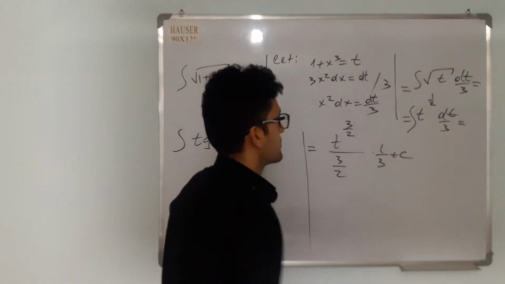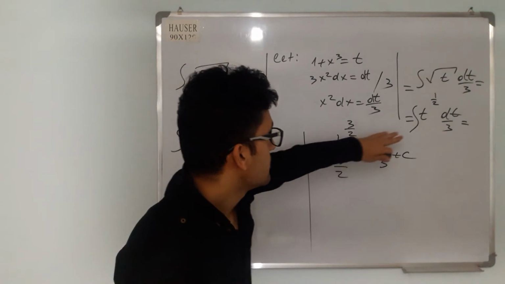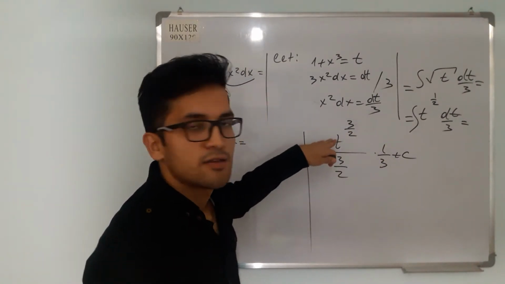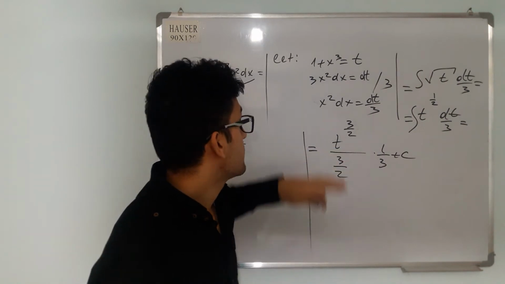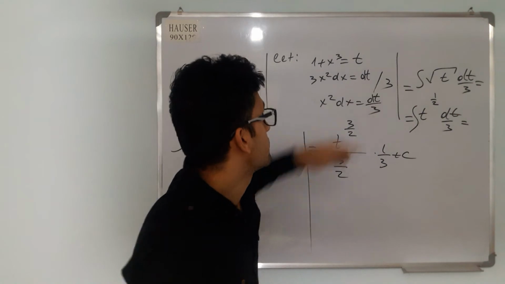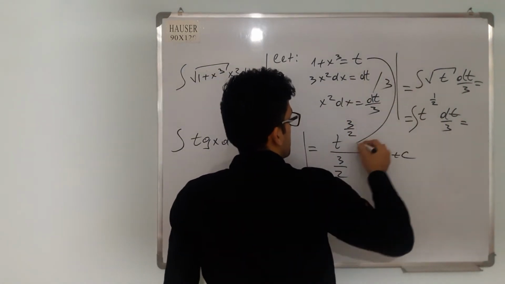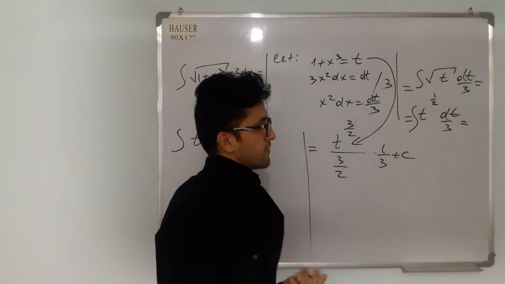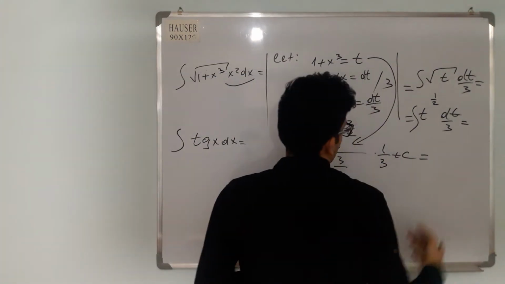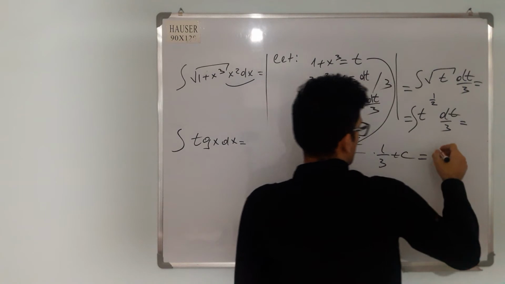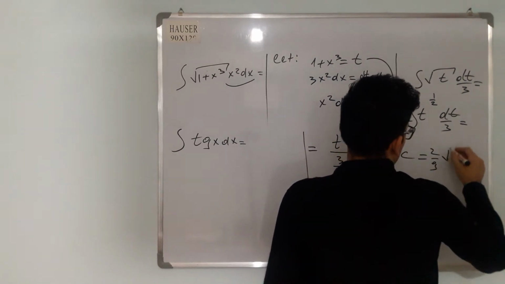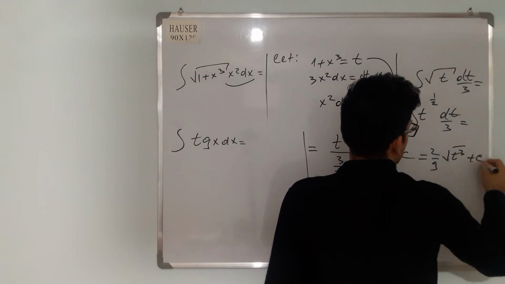So now the antiderivative is taken, but we are not given the value of t here. We should find the value in terms of x, not t. This means we should put the value of t here. Then we should simplify a little bit because it's not looking well. When we solve this, it will be 2 divided by 9 t to the third halves plus c.